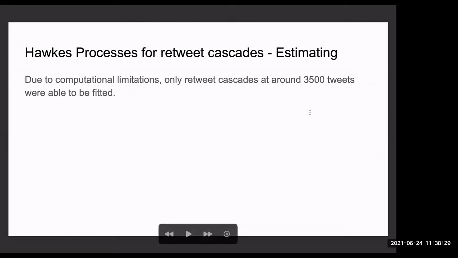Yeah. When you say 3,500 tweets was the limitation, does that mean 3,500 instances of retweets of a single tweet? Yes, exactly. The retweet cascade. Sorry if that wasn't clear. We're only looking at retweet cascades, which is one tweet and all the retweets from that. Perfect. Thanks.